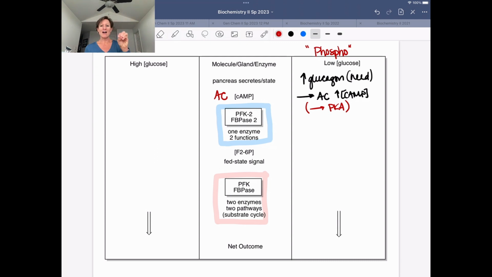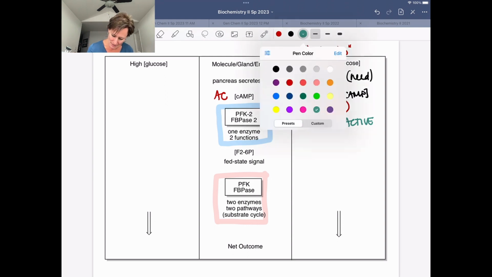And I didn't have PKA on here, but remember, PKA is one of those master phosphorylators. So when we are phosphorylating this bifunctional enzyme, that means the FBPase is going to be what's active. Let me grab my colors here to indicate that this is going to be active. All right, so the FBPase is active. So what is the chemistry that's happening then?